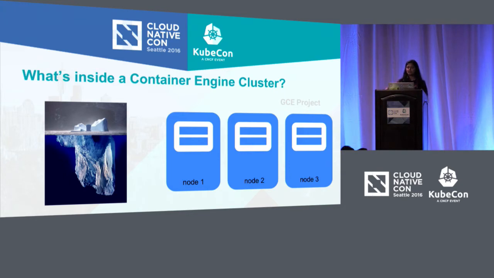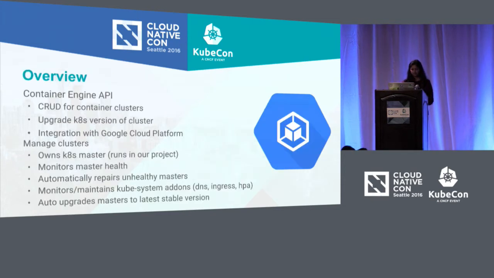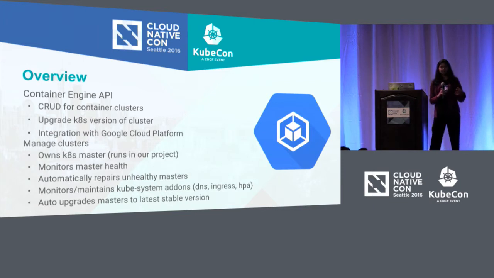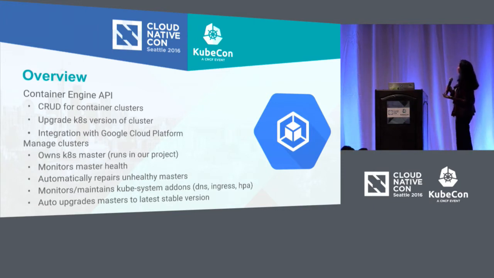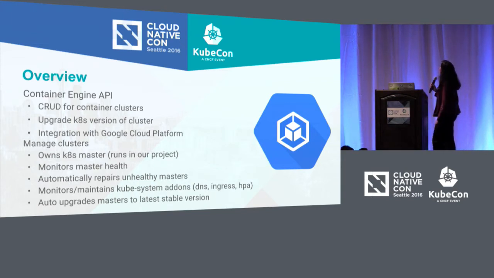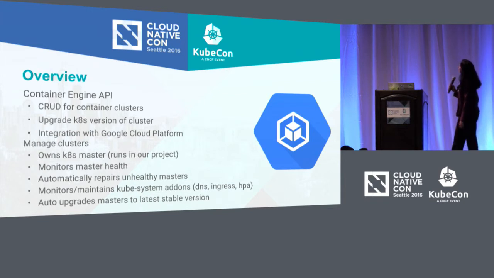And all of that is done behind the scenes by calling the Google Compute Engine API and starting the master and the node. So the technology behind that is the Container Engine API, which is a CRUD API for container clusters. It also is what we use to upgrade the Kubernetes version for the cluster, and obviously is integrated with all the different GCP features.